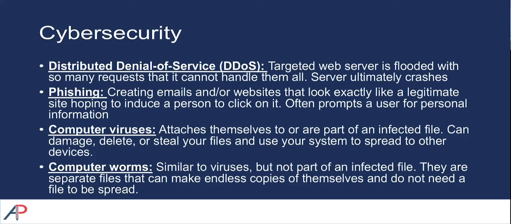Oftentimes, the phishing email they send to you will have typos in it, or will have some kind of suspicious phone number, suspicious email, or suspicious website associated with it. So for example, if you're getting something from Amazon, they might not send it to you from Amazon. They might send it to you from this.